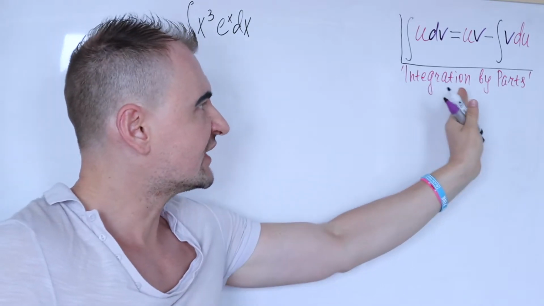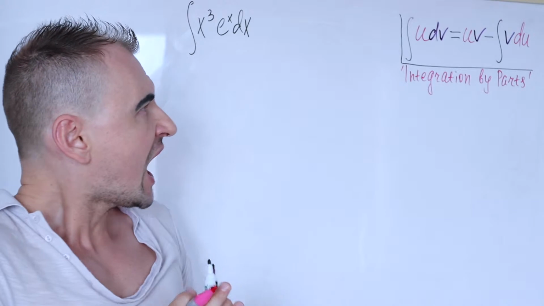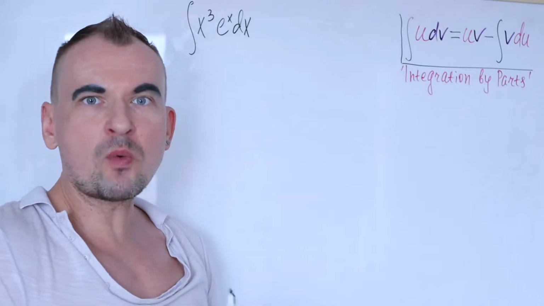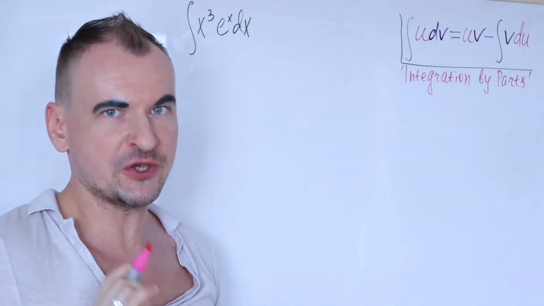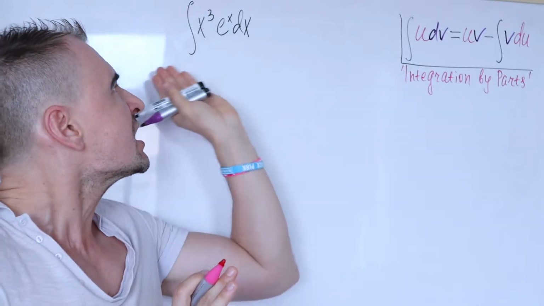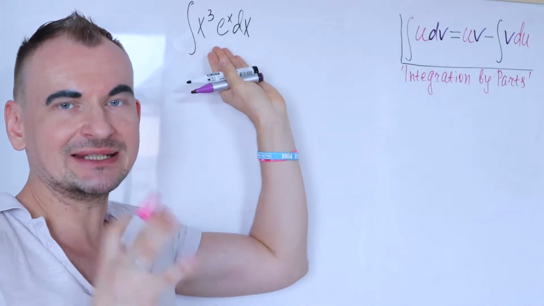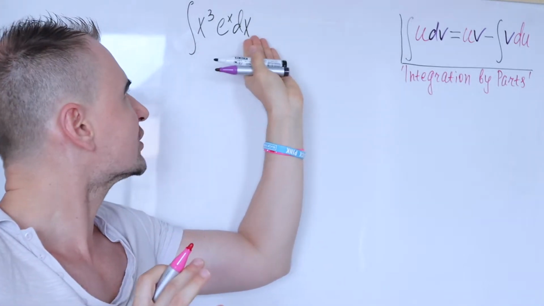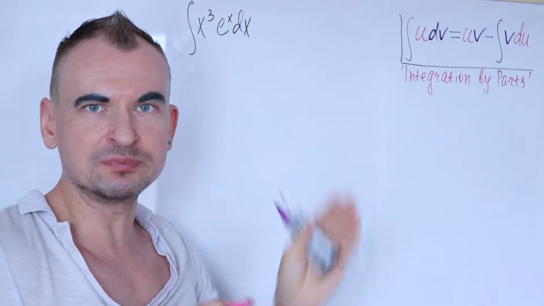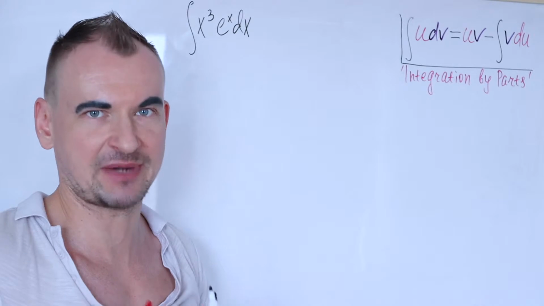There is a pattern, there is a formula to be used. And you always start off with picking your u expression. As a good rule of thumb, if you are given an algebraic expression and it appears in your integral, like here we have x cubed, most of the time, certainly it's going to be your u expression.